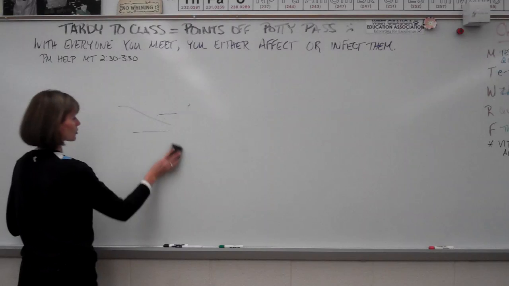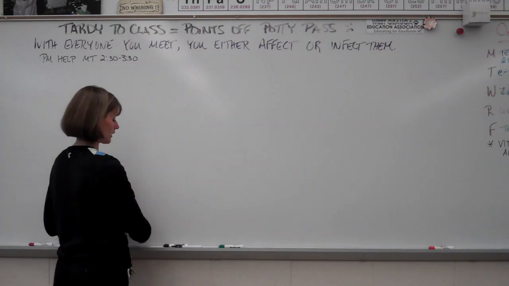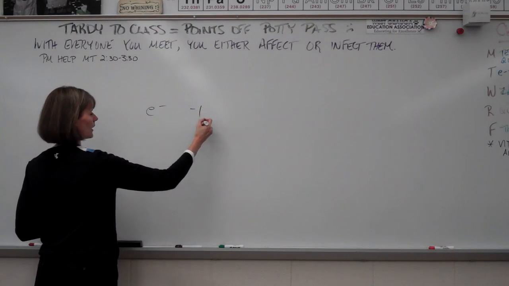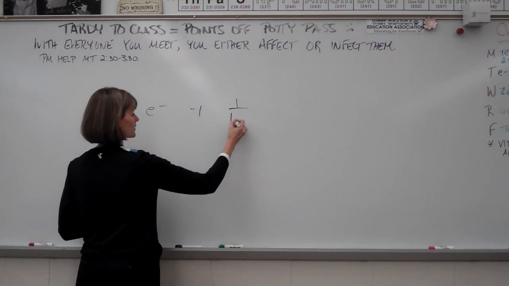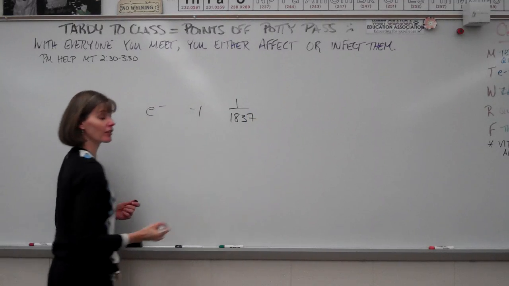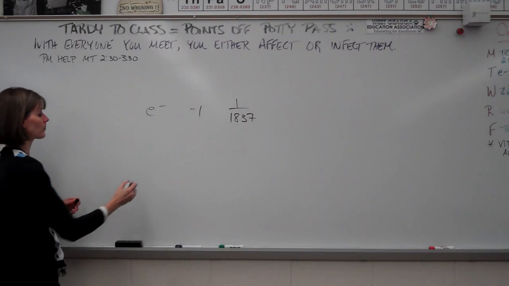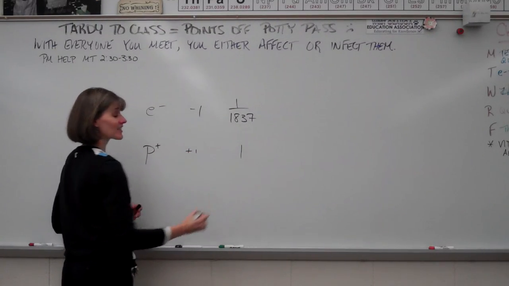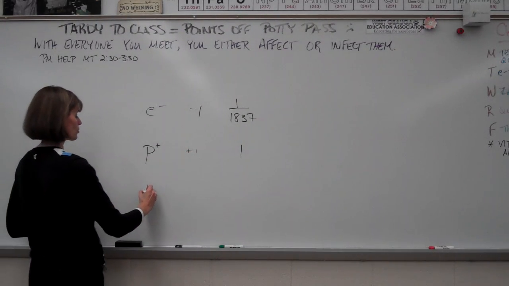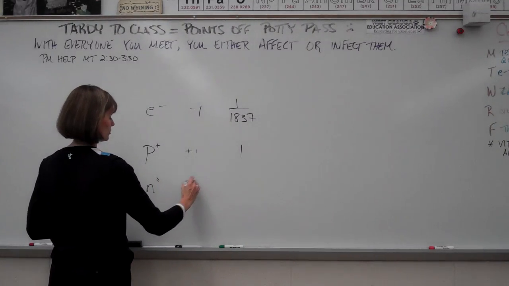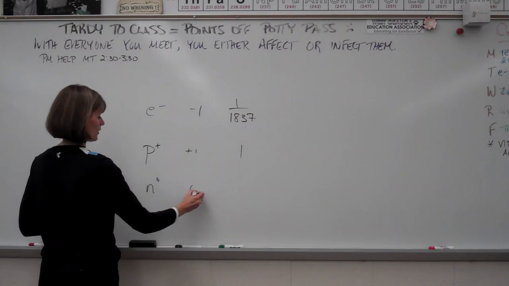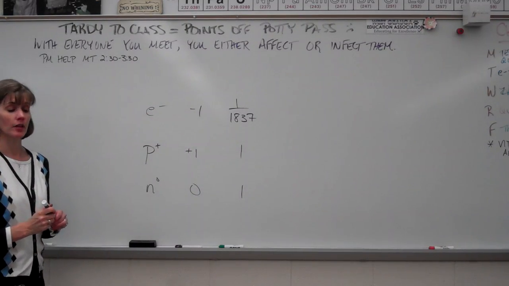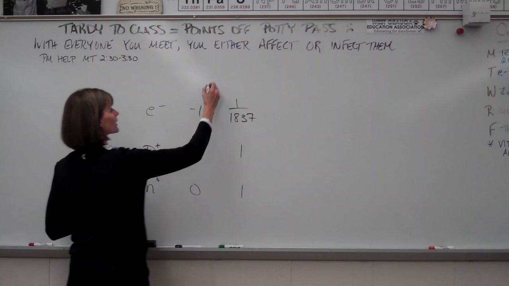And this question is going to be in terms of relative amounts. So we know electrons, -1 charge, a mass of 1/1837th the mass of a hydrogen atom, protons +1 charge, relative mass of 1, neutrons, neutral, charge of 0, and a relative mass of 1. Okay, so this question is going to be in terms of relative mass.